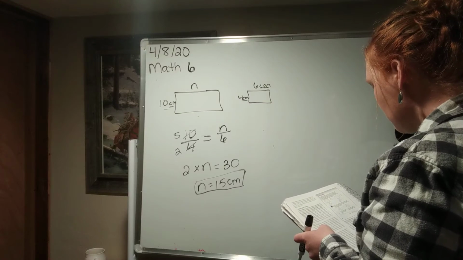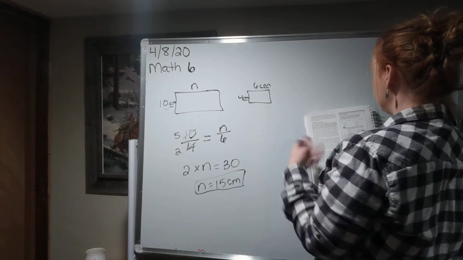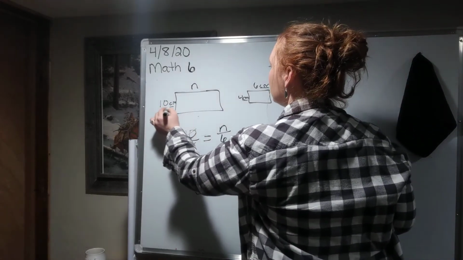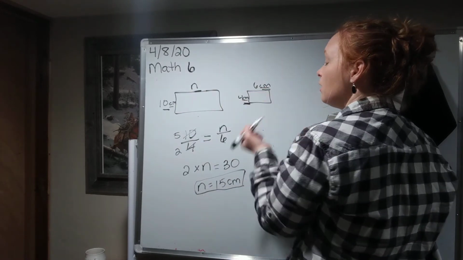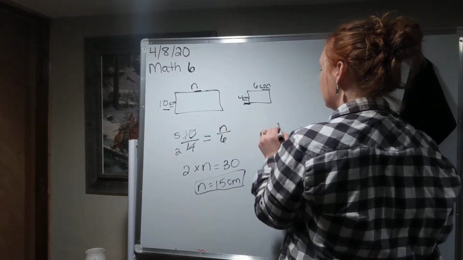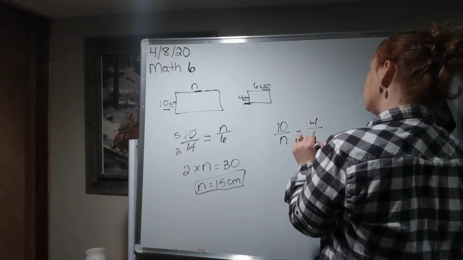Notice in the second problem they have the same thing. In this problem they just set up the proportion a little bit different. So remember how I said little is to little as big is to big. This one they went, this shape is 10 is to n, little is to big, as little is to big.